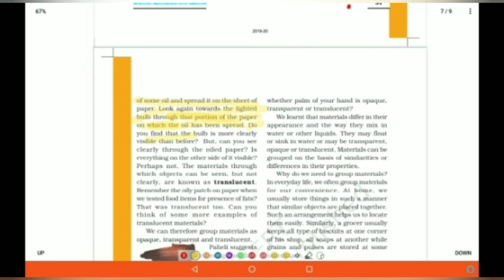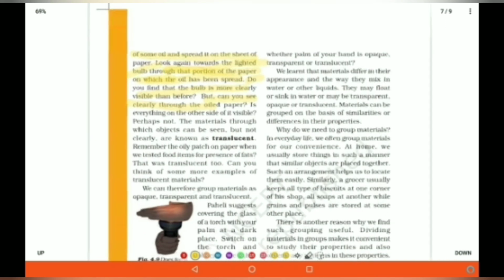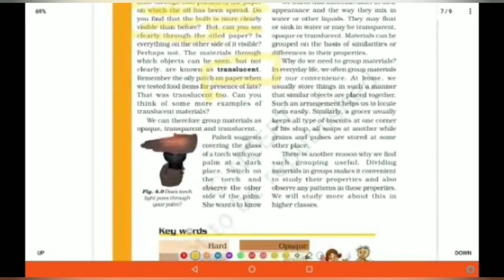Do you find the bulb is more clearly visible than before? But can you see through it clearly? No, right? When this situation is there, it is called translucent. And when we cannot see anything, it's called opaque. Whereas when we can see the opposite side clearly, it's called transparent.